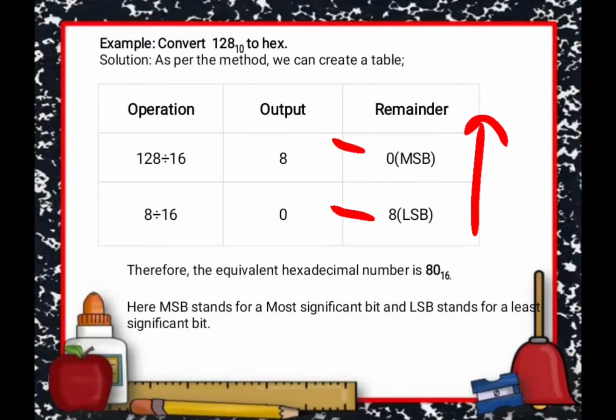We copy 80 and then change the subscript or the base from 10 to the base of hexadecimal, 16. So we have here the 80 hexadecimal number. As I've said earlier, MSB stands for most significant bit and LSB stands for least significant bit. Did you understand, class?